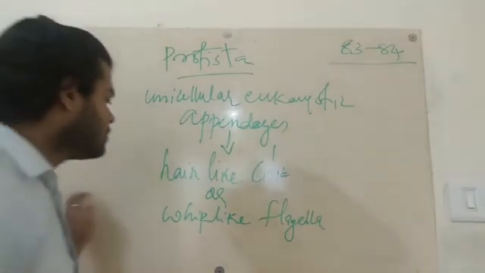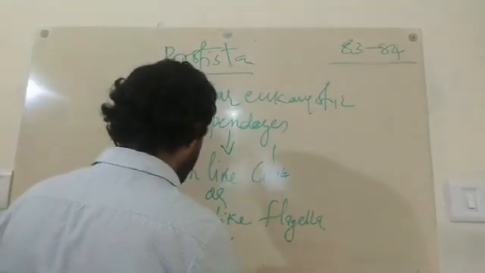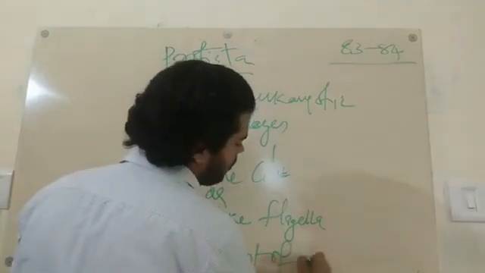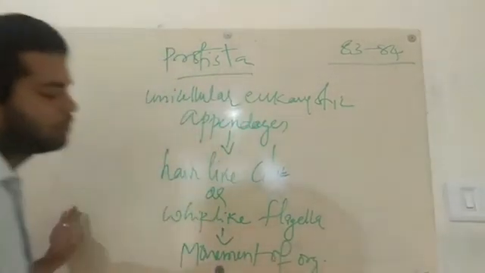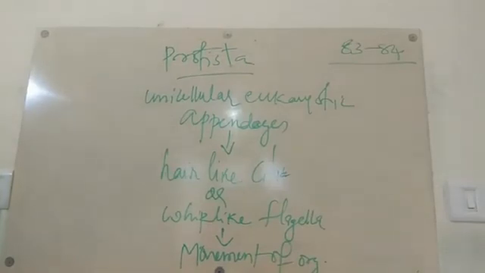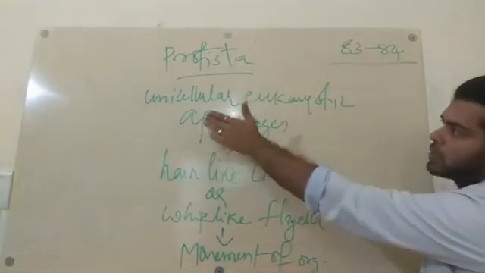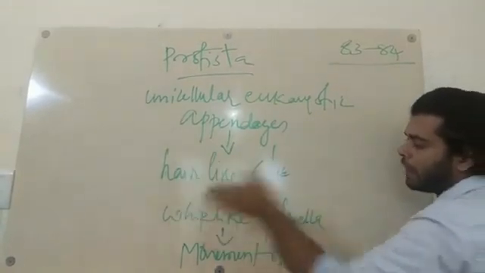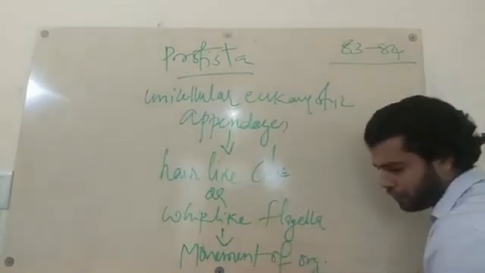It is used for the movement of the organism. When we are saying that it is a unicellular eukaryotic organism, the appendage is hair-like cilia or whip-like flagella, which is used for the movement of the organism.